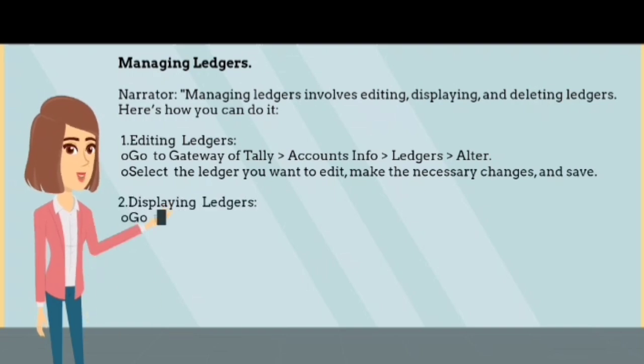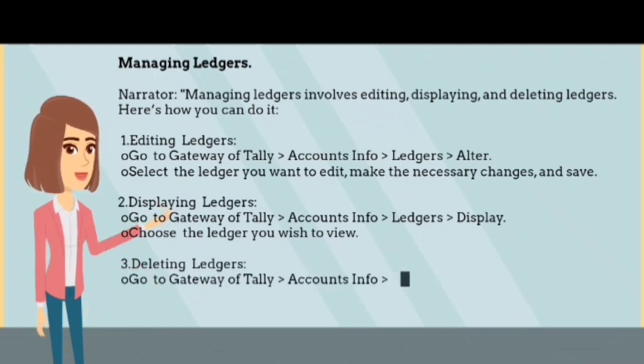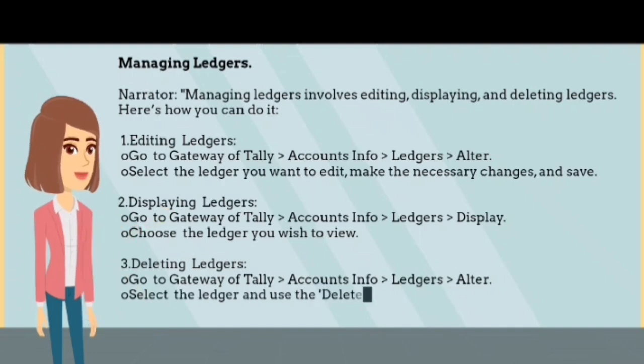Displaying ledgers. Go to Gateway of Tally, Accounts Info, Ledgers, Display. Choose the ledger you wish to view. 3. Deleting ledgers. Go to Gateway of Tally, Accounts Info, Ledgers, Alter. Select the ledger and use the Delete button to remove it.